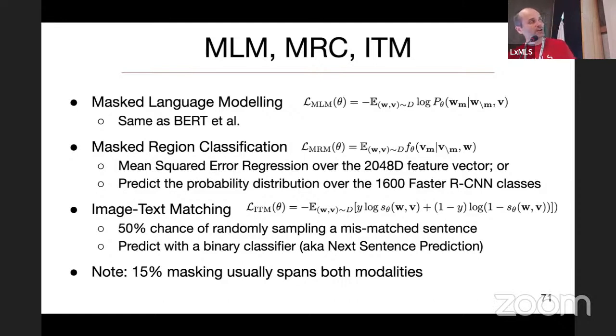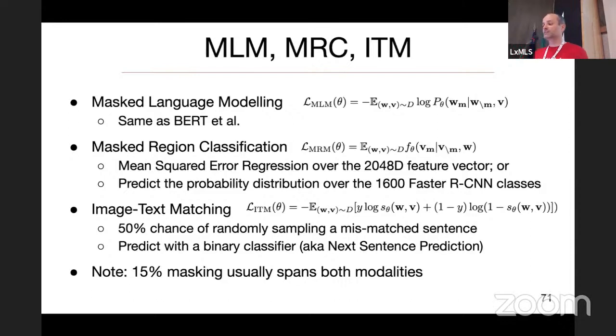And when we're trying to model the distribution over the masked word, we also have this visual data that is hopefully going to provide a strong clue about the identity of that masked token. You can understand for some words it might not be too informative, like "and", but maybe a word like bear or horse or running, this could be useful information to help improve the quality of that prediction.